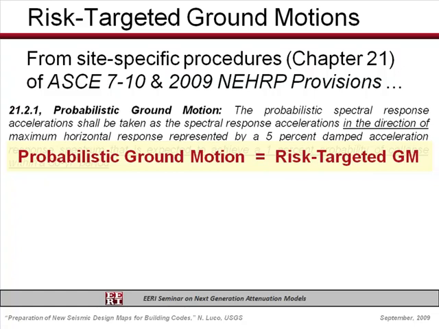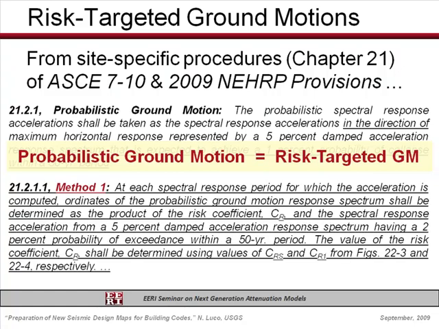So quickly, I'll go through, again, this is still a similar slide showing this section that focuses on the probabilistic ground motions, the site-specific section. And as we saw before, the probabilistic ground motions are risk-targeted ground motions. And now I'll just mention that we have this other method. I showed method 2 first, which was you just calculate risk-targeted ground motions, and I went through the example of how we do that.